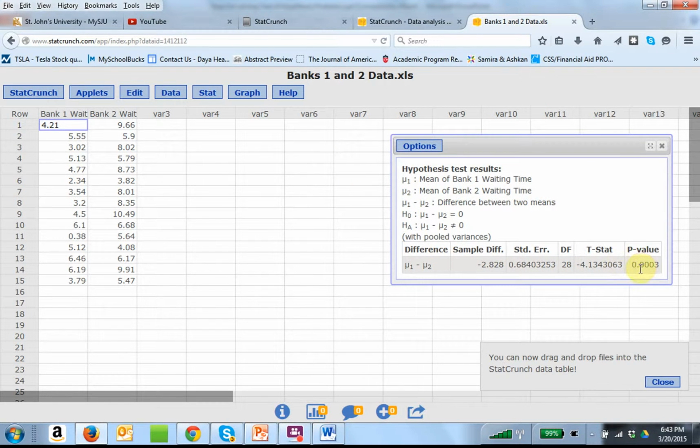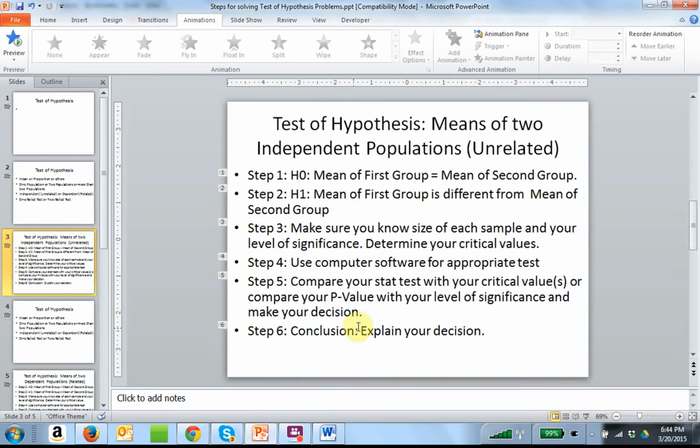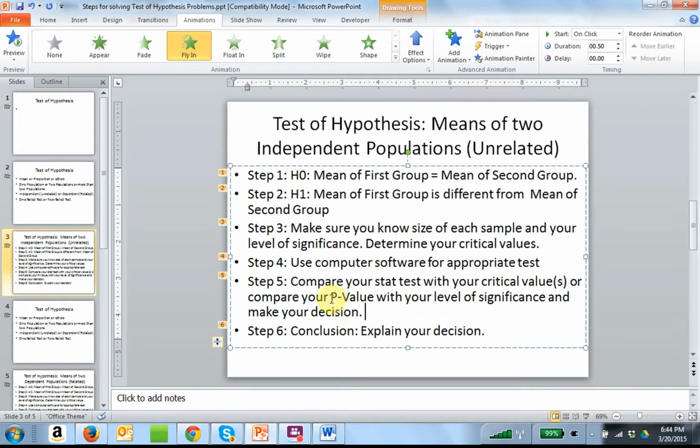Remember, my p-value is 0.0003 and my alpha is 0.05. So I'm going back to PowerPoint. I'm comparing my p-value with my level of significance and making a decision. Obviously, my p-value is very, very small. My alpha was 0.05, so the level of significance, alpha, is more than my p-value.